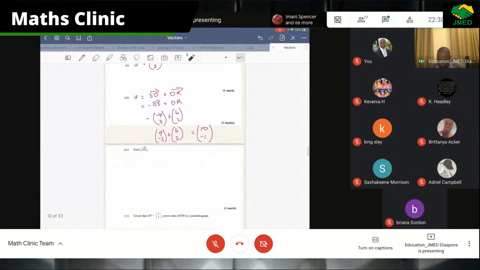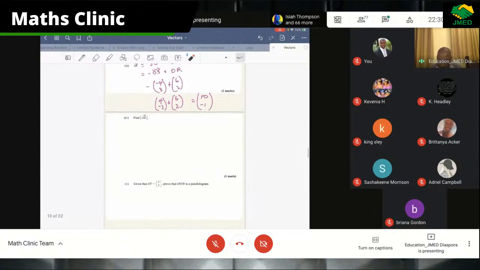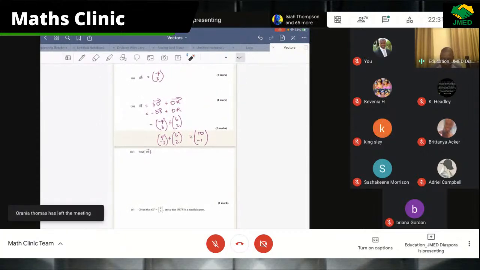There's another part. Oh, there are 2 parts. Didn't see that. It says find the magnitude of OS. The magnitude of OS, they're asking you to find the length of OS.